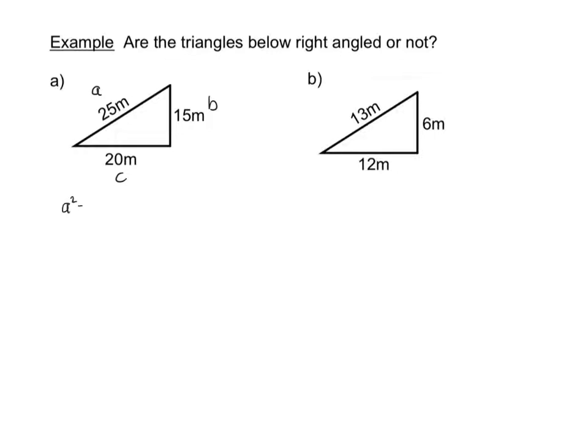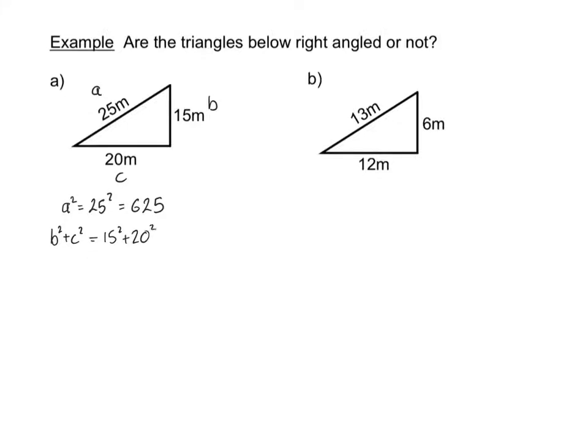So A squared equals 25 squared, which comes to 625. Now the other side of Pythagoras' theorem, we normally have A squared is equal to B squared plus C squared. So we've done one side of that formula. So we'll look at the next side, B squared plus C squared, separately. That comes to 15 squared plus 20 squared.